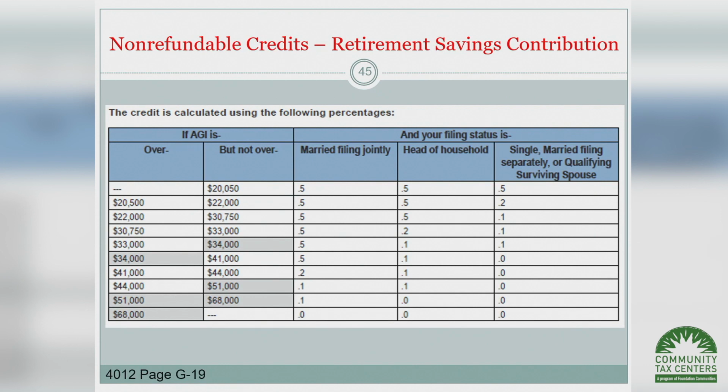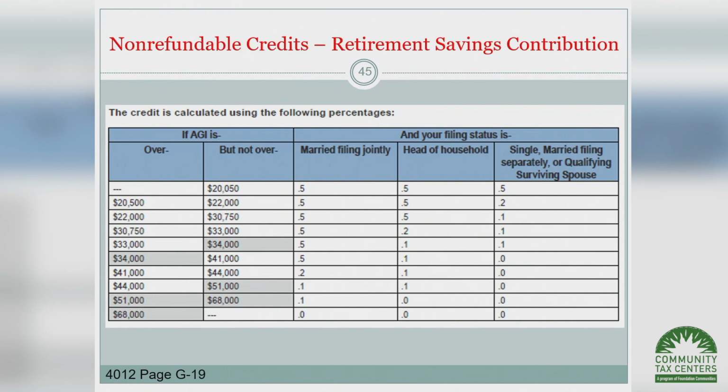So here is the spreadsheet for how they calculate the amount that's given, based on your AGI. You don't have to remember this. It's just a good little sheet to look at. TaxSlayer does it for me. TaxSlayer will automatically calculate this.